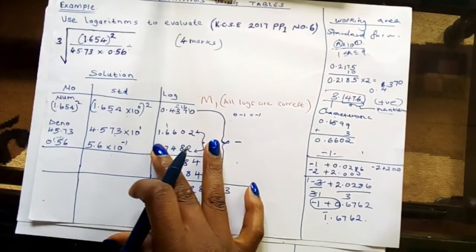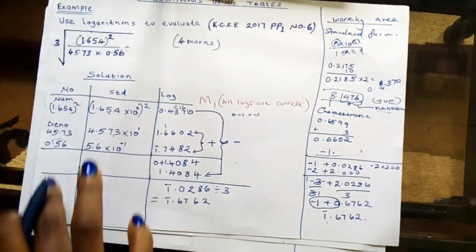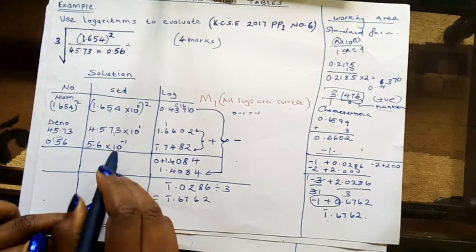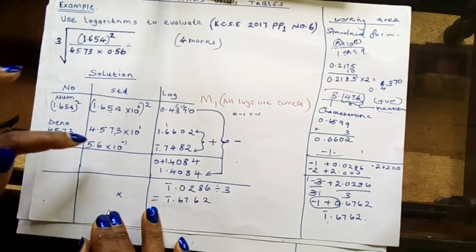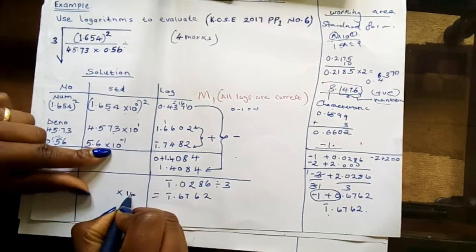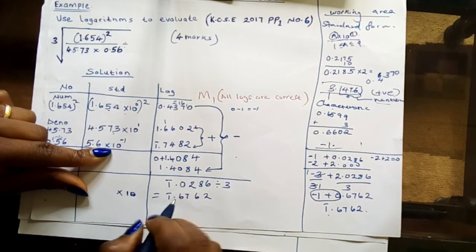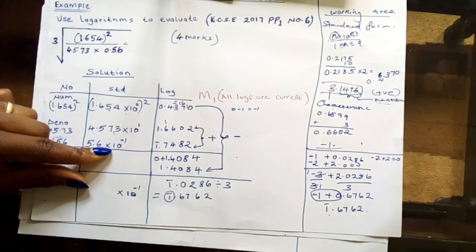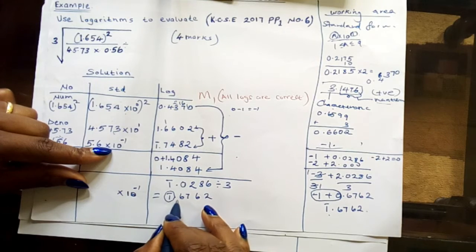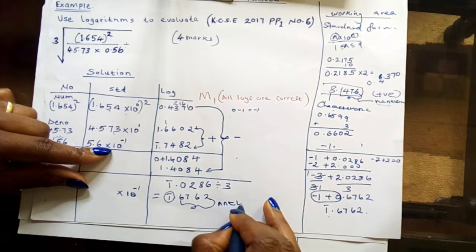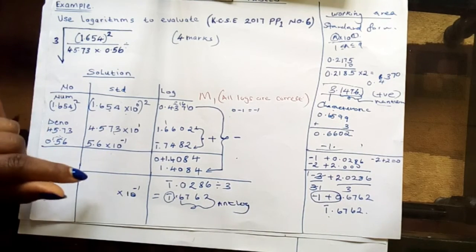Now, for us to get the number that is required, we shall do the opposite. We know that to write the number in standard form, the power of 10 takes the characteristic. So if this is 1 bar, then the power of 10 will be -1, that is 10 power -1. Then we find the antilog of the mantissa part.